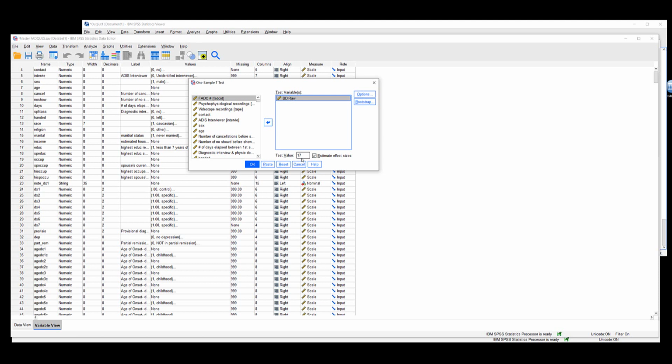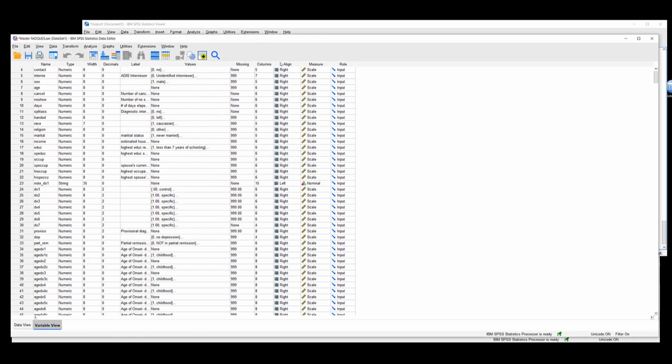But by comparing it to 17, on the Beck Depression Inventory, 17 is the lowest score for mild depression. So I want to see, is there a significant amount of depression in my group above 17? So that's why I chose that value of 17. I could choose any number. I could choose 0 and compare it to any amount of depression, but I want to see, is there a mild amount of depression or more?